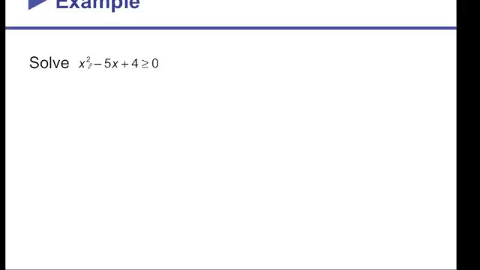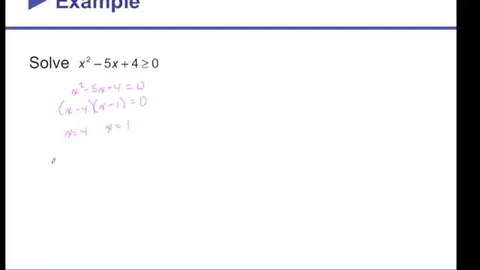So we've got this. x squared - 5x + 4 is greater than or equal to 0. We're going to solve the equation x squared - 5x + 4 = 0. Well, that factors into (x - 4)(x - 1) = 0. x = 4, x = 1.